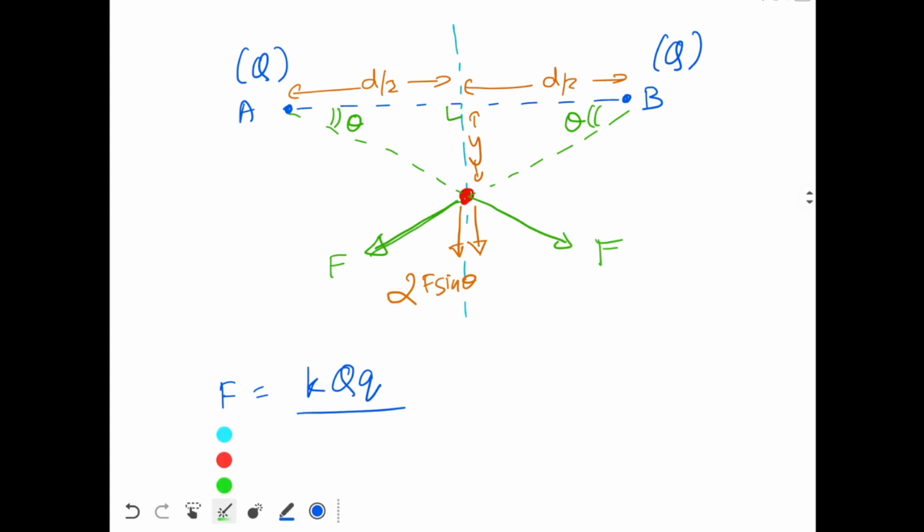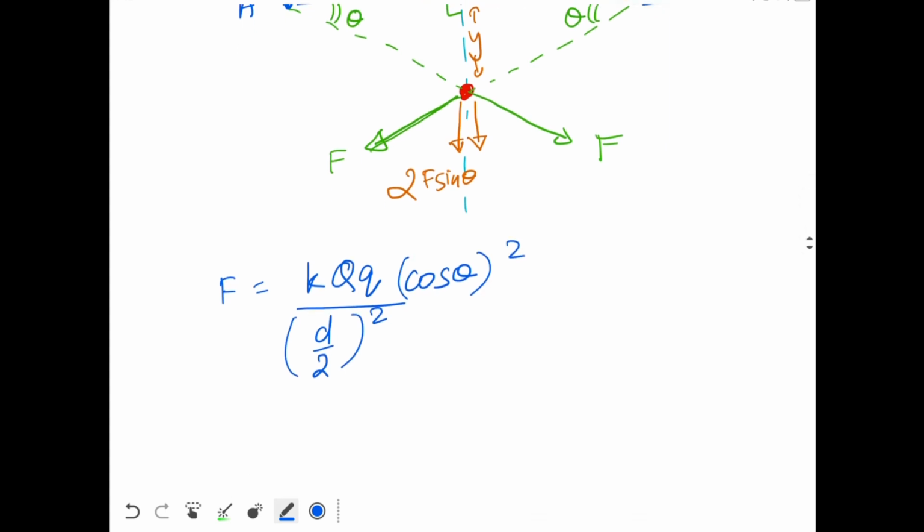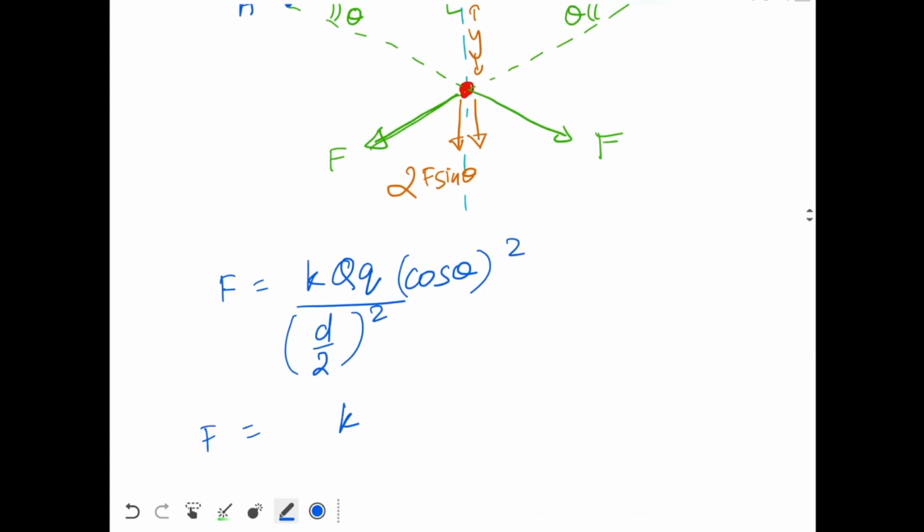So what is this length? d by 2 divided by cos theta will give you the hypotenuse. So we write d by 2 divided by cos theta. So cos theta goes in the numerator, and we have to square it. So F will be 4kQq cos square theta divided by d square.